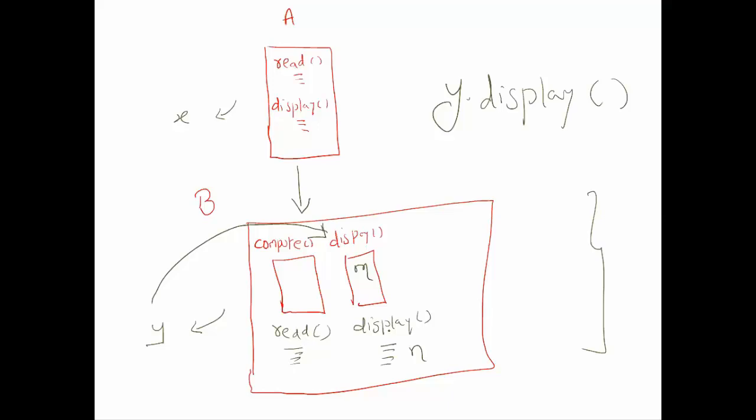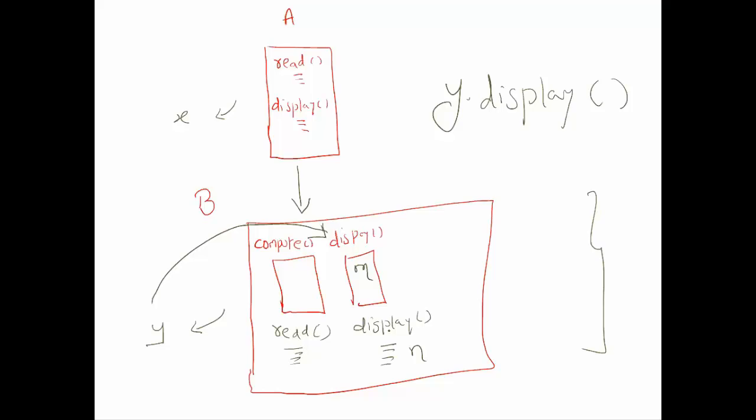Now, if using this object y, I'm trying to call this display method, the issue is which display method do I need to call. अब as an object y, आप मेरी सोच समझिए. As an object y, I'm now confused कि मेरे सामने दो display method है, मैं किसको call करूं?